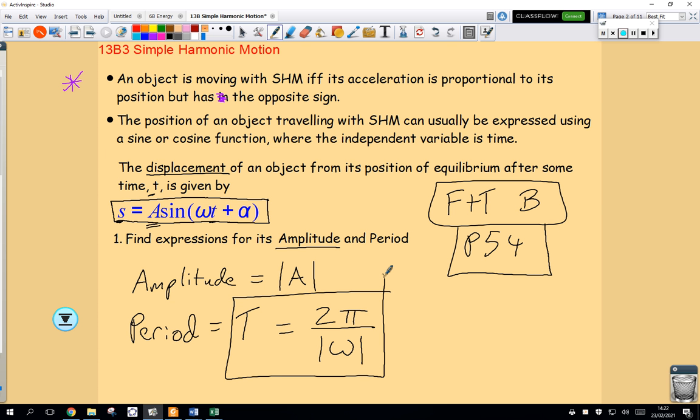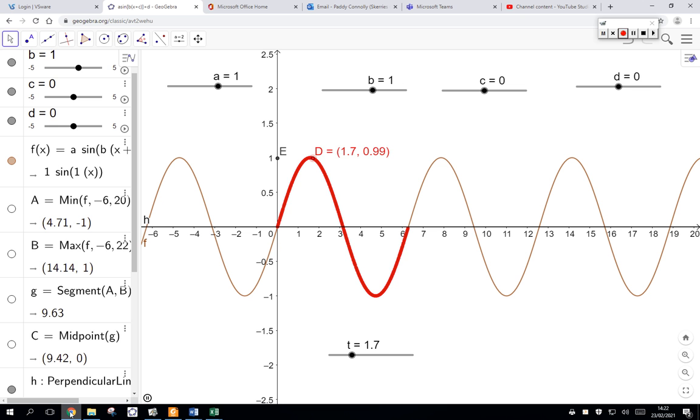The acceleration is always proportional to its position, but has the opposite sign to its position. So if position is positive, acceleration is negative. If position is negative, acceleration will be positive. The acceleration is always directed towards the center of the oscillation. Maximum velocity is in the center.